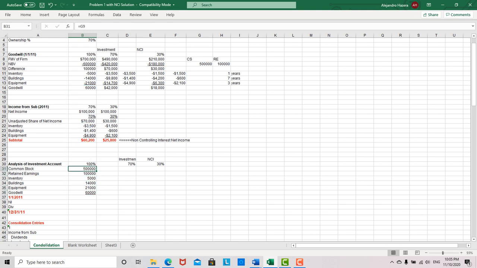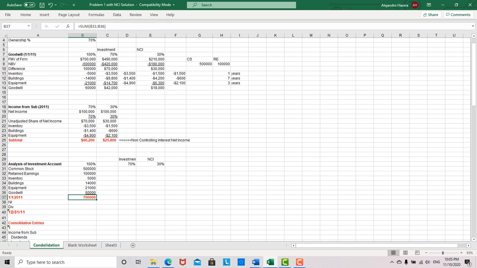Okay, so let's just add up the 100% column here. This will give you your beginning balance for 100%. We'll just do the sum function here, and at 100%, that gives you 700,000.